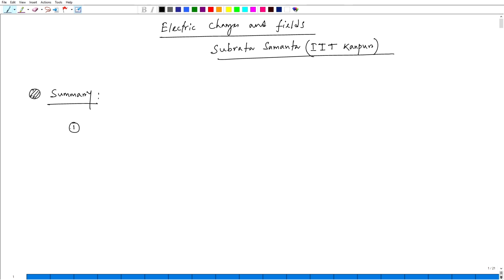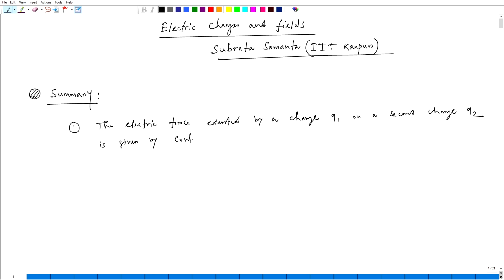So we first discuss Coulomb's law. That means the electric force exerted by a charge q1 on a second charge q2 is given by Coulomb's law.